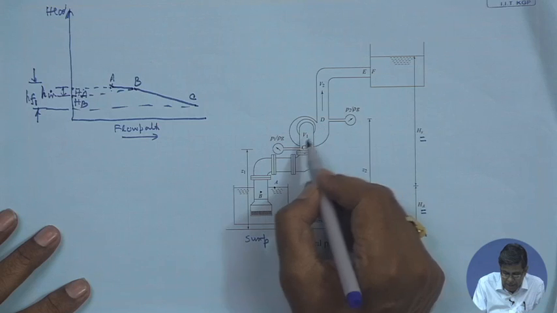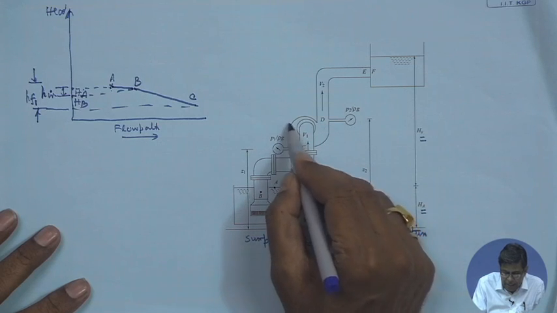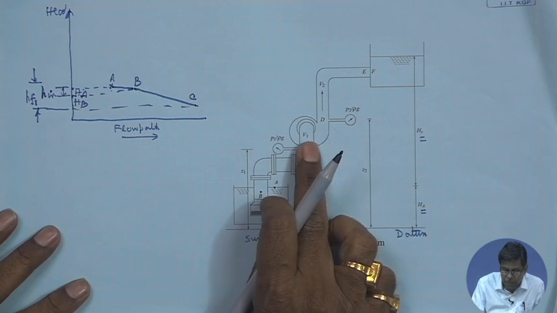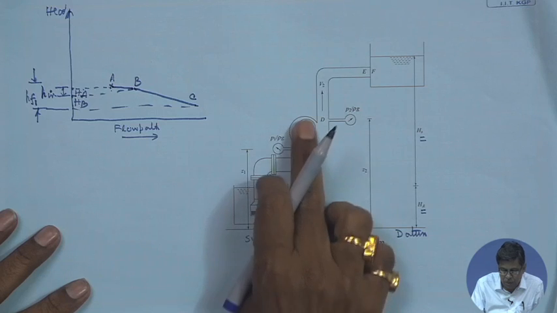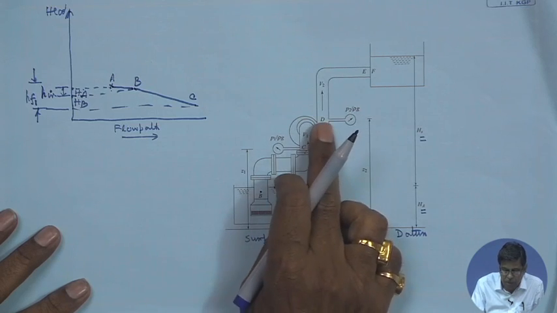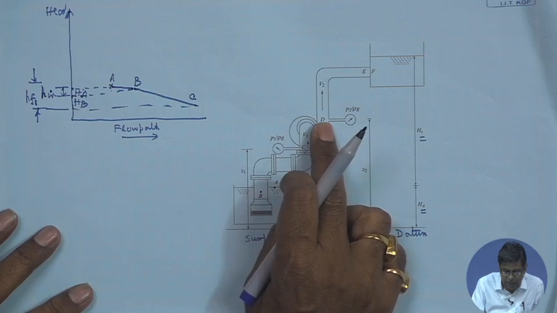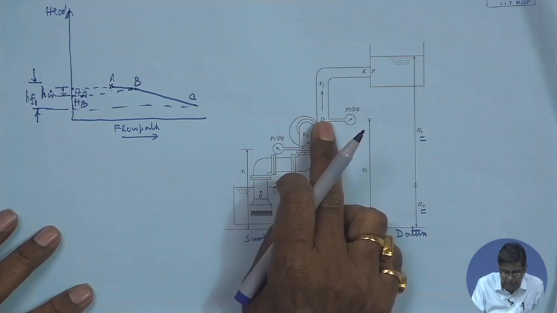Then at point C, energy is added to the fluid and it gains head, and that is the objective of the pump. So when the fluid comes to D, the total energy per unit weight, or total head at D, that is HD, shows a sharp increase.